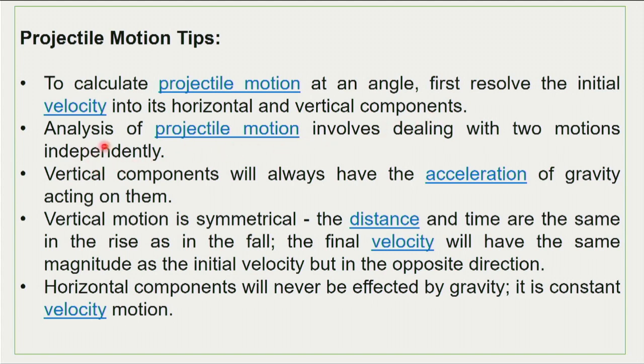Next, analysis of projectile motion involves dealing with the two motions independently. Third, vertical components will always have the acceleration of gravity acting on them. Fourth, vertical motion is symmetrical, meaning the distance and time are the same in the rise as in the fall, and the final velocity has the same magnitude as the initial velocity but in the opposite direction. Next, horizontal components will never be affected by gravity. It is constant velocity motion.